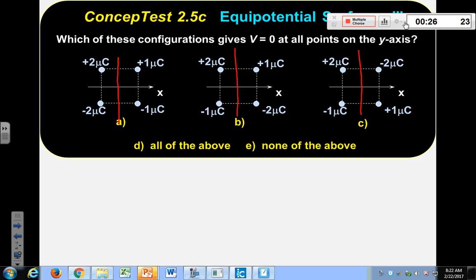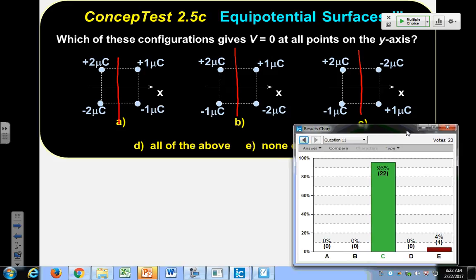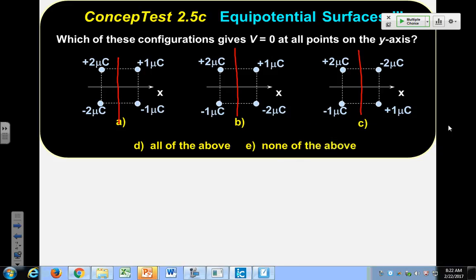All right, let's stop at 32. Very good. C is the right answer. Notice that at C, I'm equidistant from these equal but oppositely charged objects.